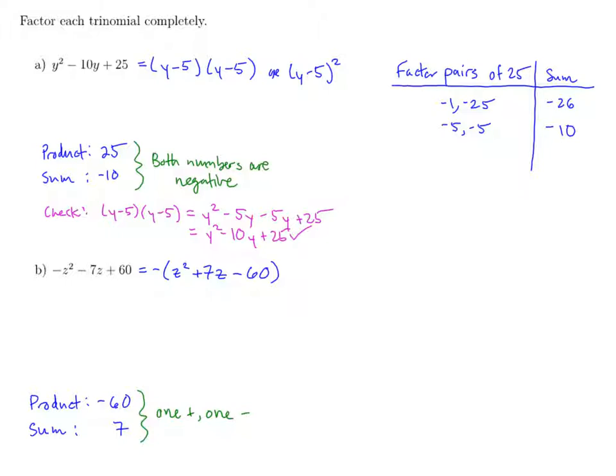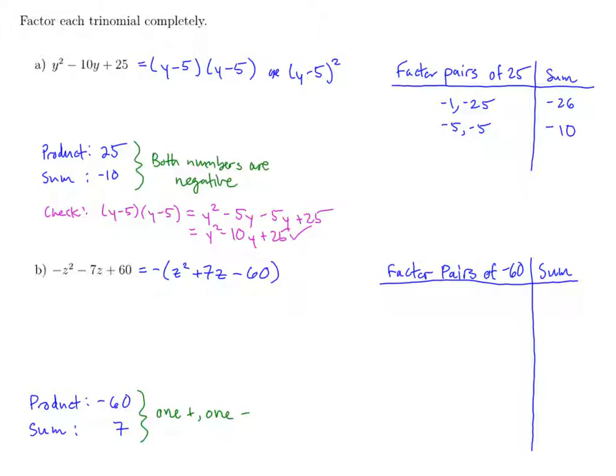And then in order to get a positive sum, that's simply going to mean that the one with the larger absolute value is the positive one. So let's make a table of factor pairs for negative 60, and as we make those, we'll make sure we keep track of what the sum of those factor pairs is.